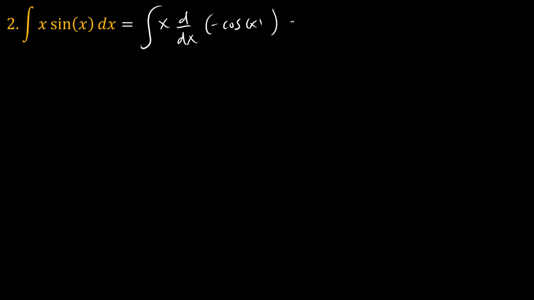Problem number 2, what I'll choose to do here is use integration by parts. I will express sine x as the derivative of negative cosine x, right? And we know that with integration by parts, if you have a product of capital V and the derivative of capital U, the integral there is uv minus the integral of u times the derivative of v.